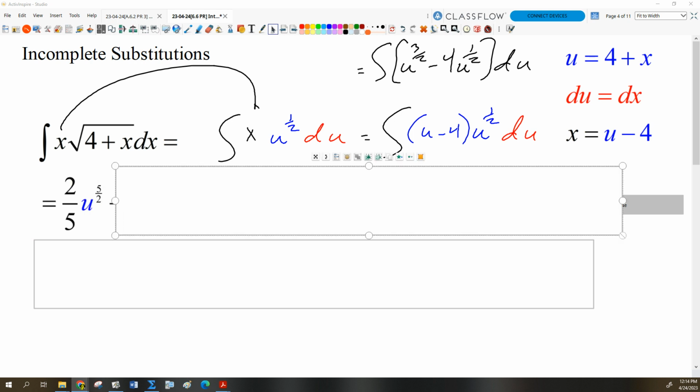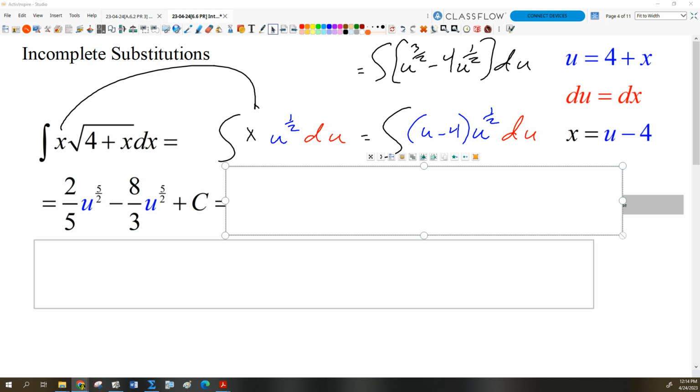Integral and antiderivative mean the same thing. And then the other one: the integral of u to the 1/2 is 2/3 u to the 3/2, so I'm going to get an 8/3. Does that all make sense? Everybody good with that?